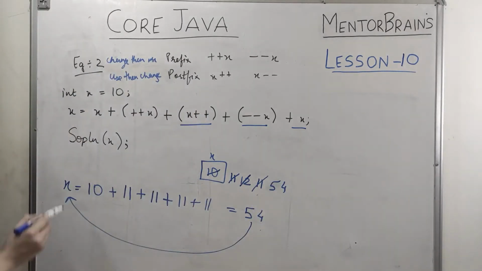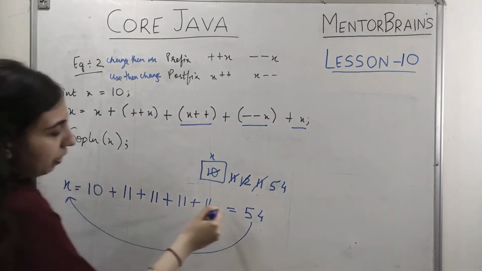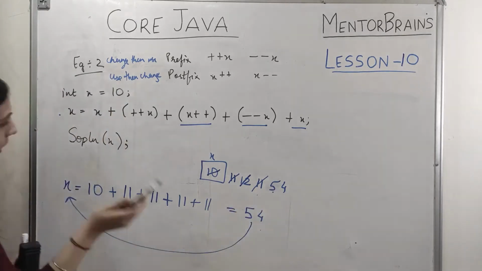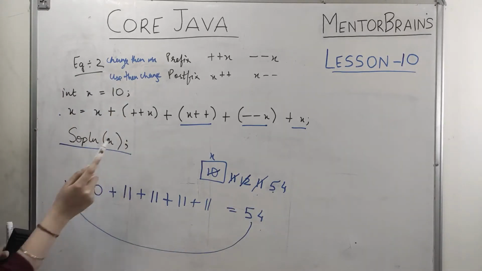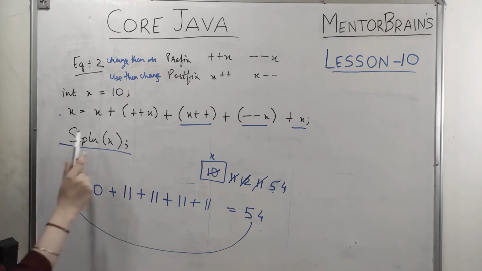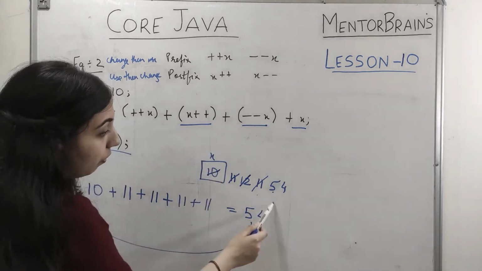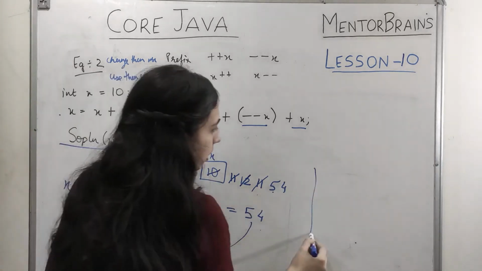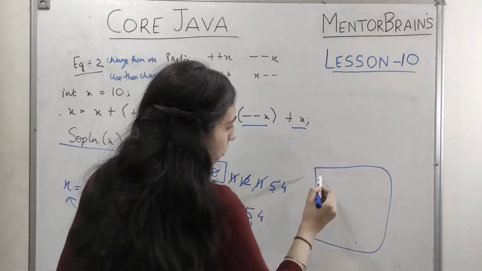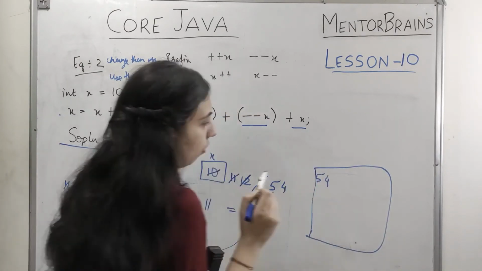Okay, so after the statement is executed, we get 54 in our memory of x, and while executing the print statement, the output will be whatever value is there in that memory location, which is 54, and that will be printed on our output window, that is 54.